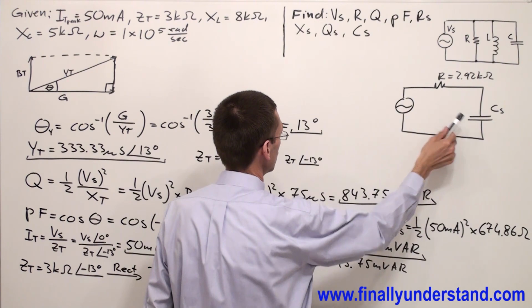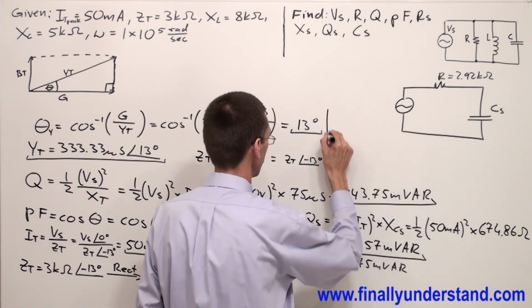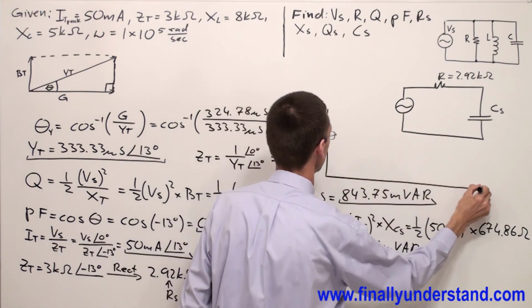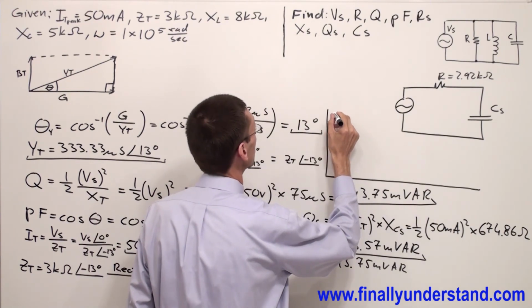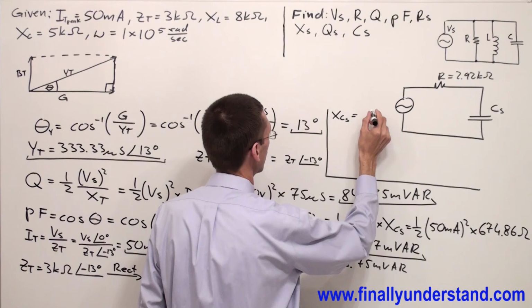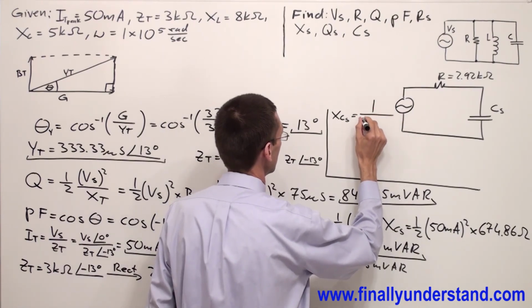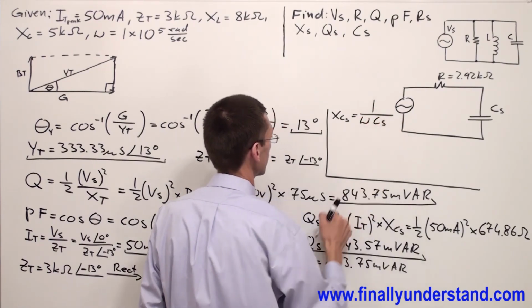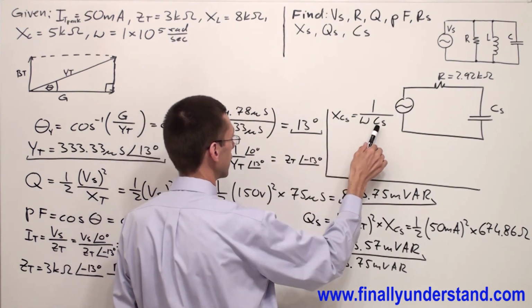So next we are ready to find the capacitance of this capacitor. You can use the formula, let me use this space over here, which says X of Cs is equal to 1 over omega Cs. So solve this formula for Cs.